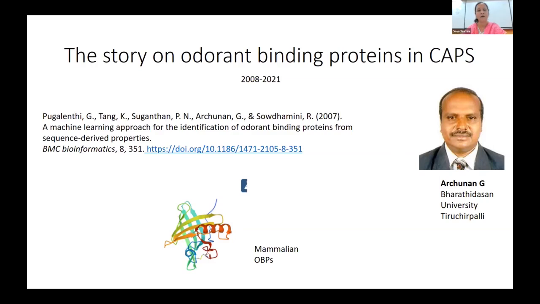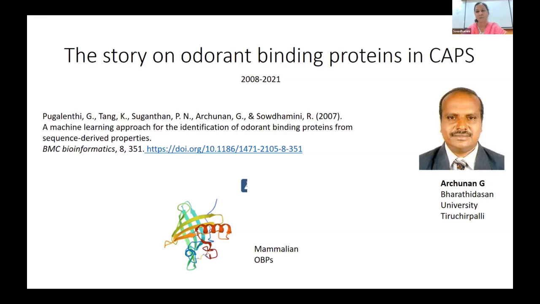We had been looking at the mammalian odorant binding proteins as one of our superfamilies of interest, and we were looking at alignments of such difficult, distantly related proteins. Therefore, we had started to publish about the odorant binding proteins in mammalian genomes. This was noticed by Professor Archunan, and he literally met us in the corridor, and the collaboration began.